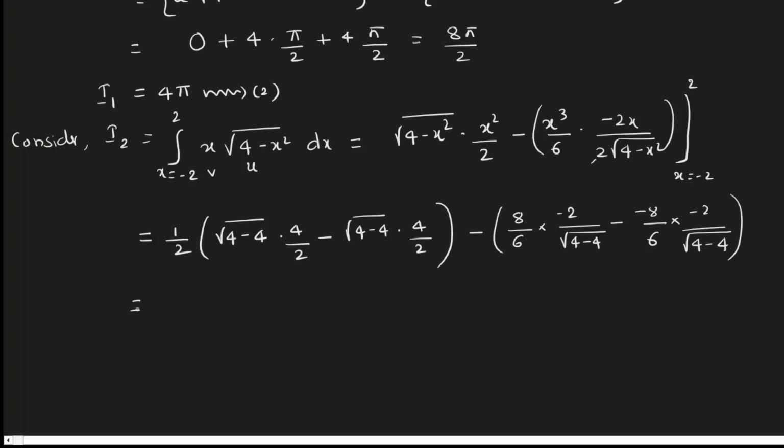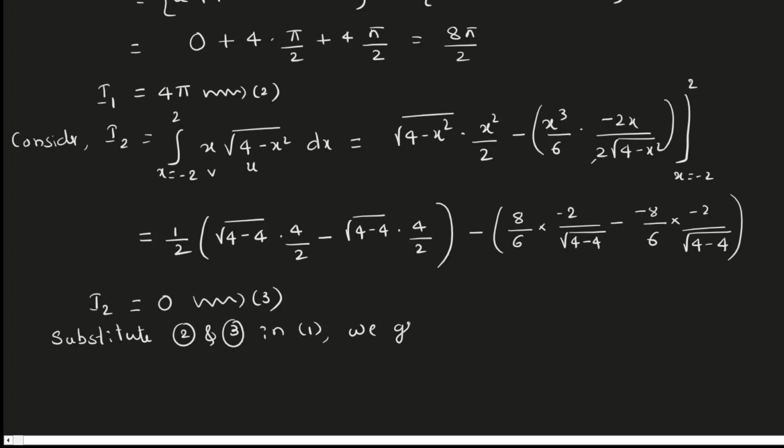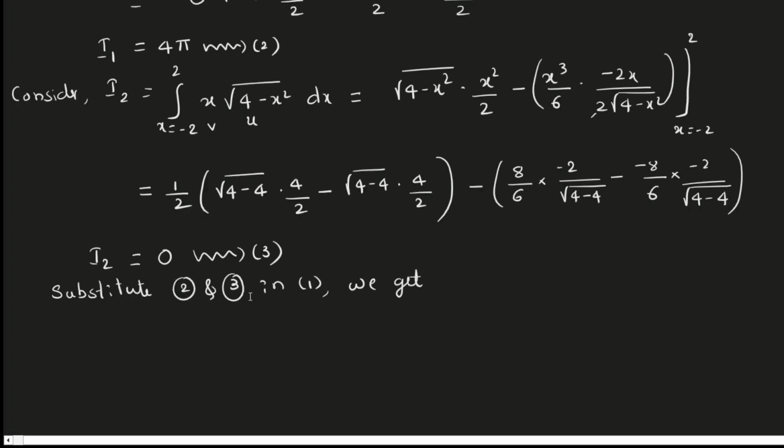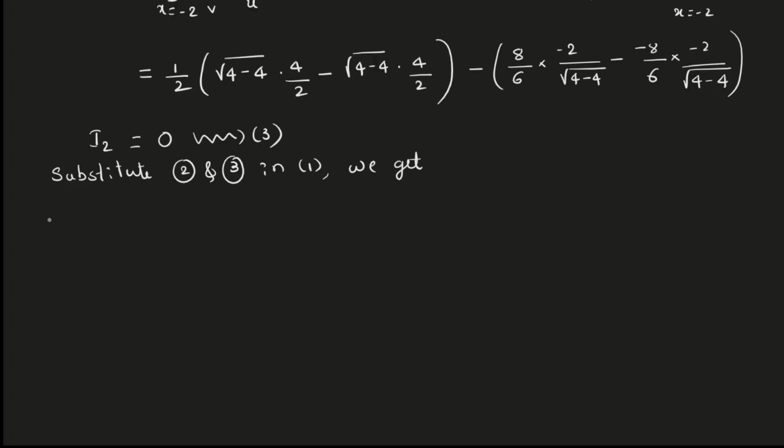We get I is equal to I1, which is 4 pi, plus I2, which is 0. Therefore I is 4 pi.